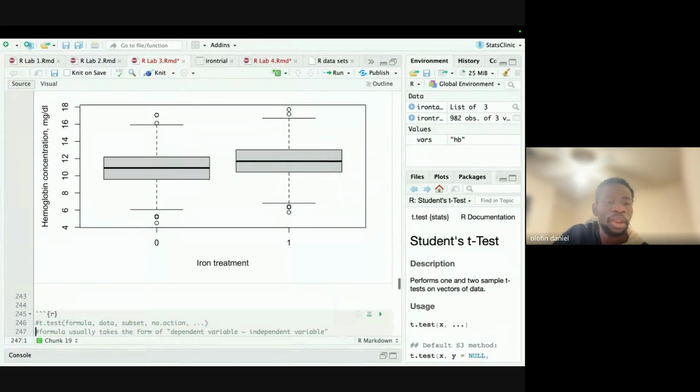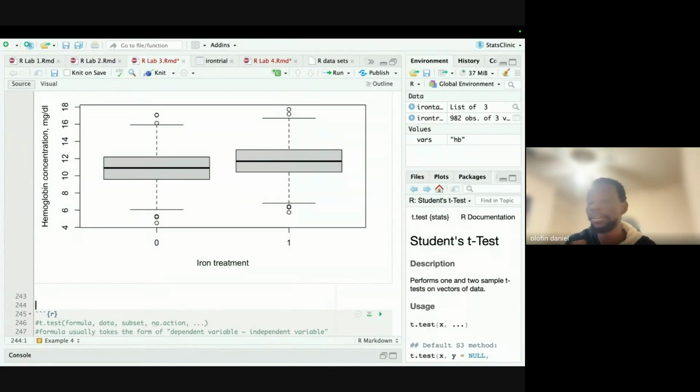So now we come to our formulation of hypotheses, since we have two groups. The null hypothesis always says that there is no significant difference between the hemoglobin concentration of women who are on placebo and women who are on the iron trial, while the alternative says there is a significant difference between the two groups.